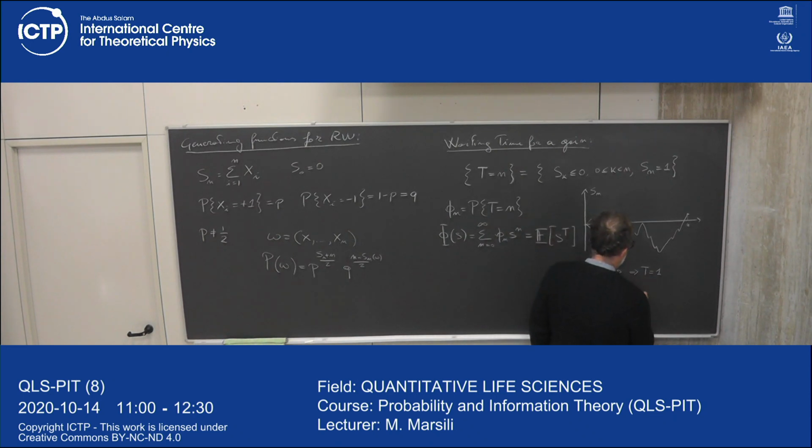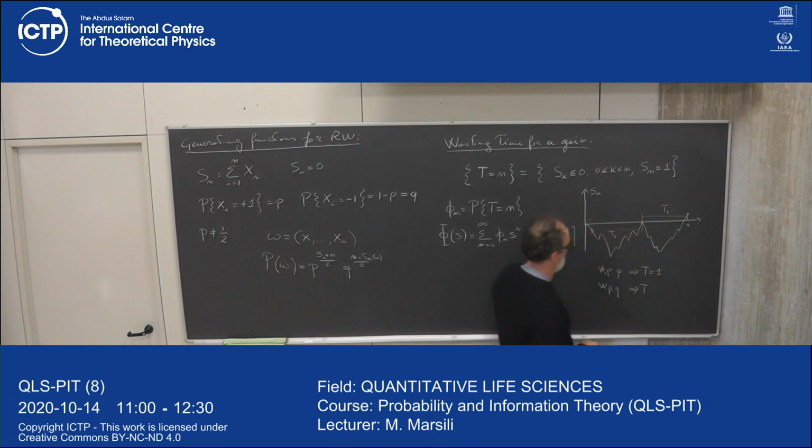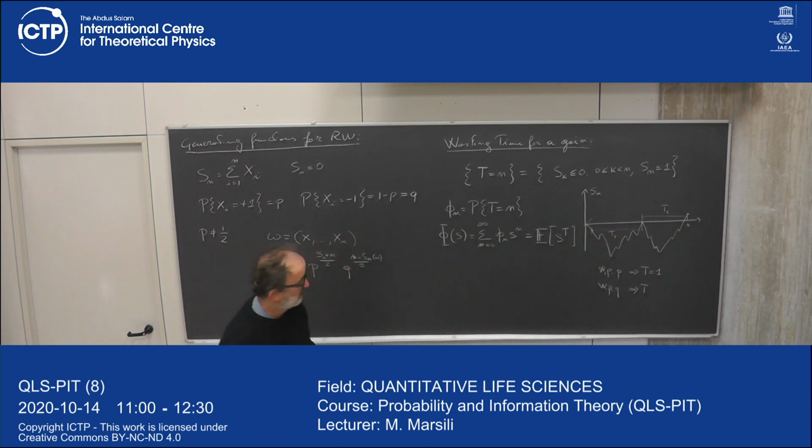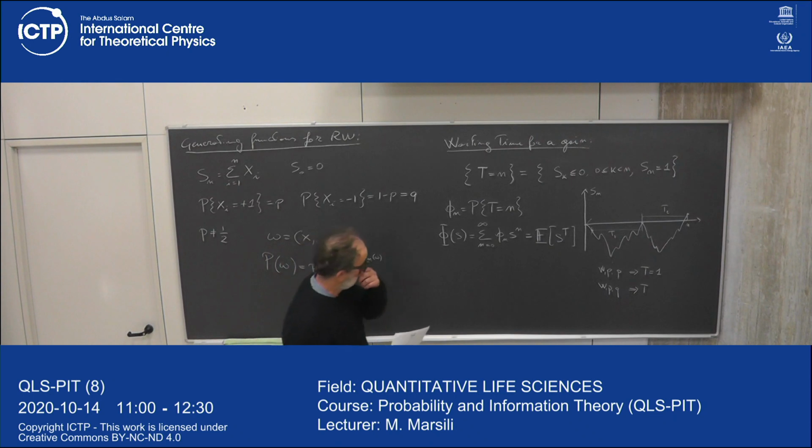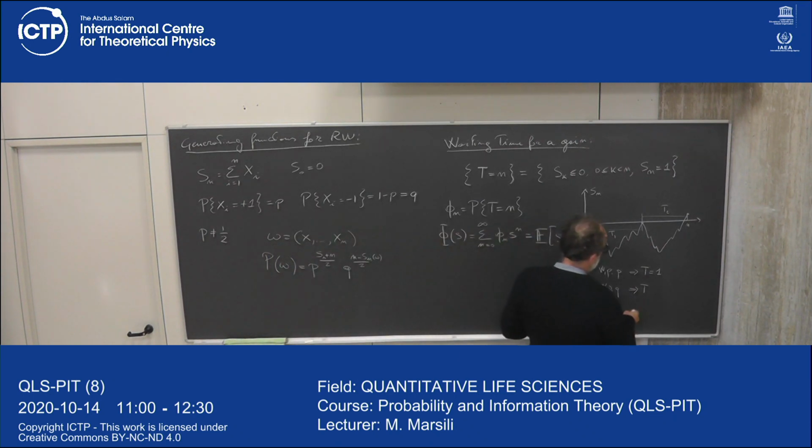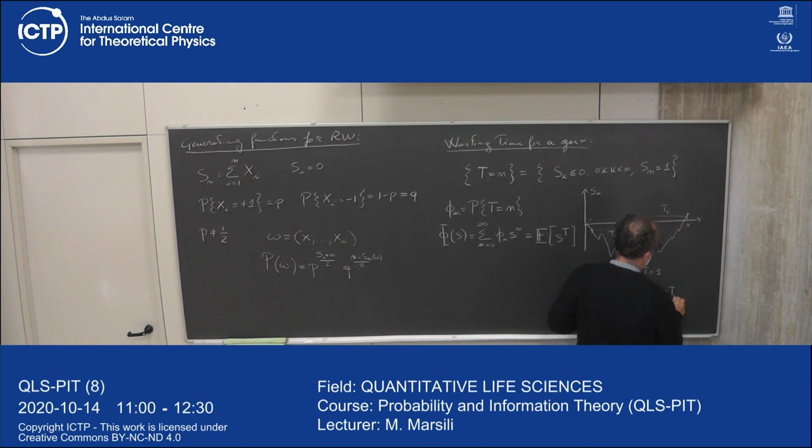Okay, so then what you have to do is to wait the first time, let's say T1, where you go back to 0, and then a second time T2, where you get from 0 to 1. So you can write that T is equal to 1 plus T1 plus T2.